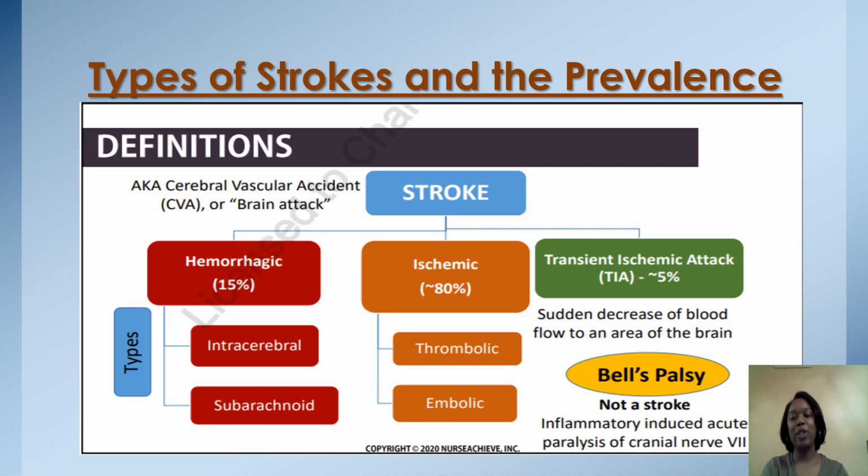Now, that's not mentioned here on this slide, but it is very important for you to know that a thorough investigation of their medical history, as well as possibly just checking their blood sugar as part of your assessment, is something that is warranted, just to make sure you're not treating someone that is hypoglycemic with the treatment for a CVA.